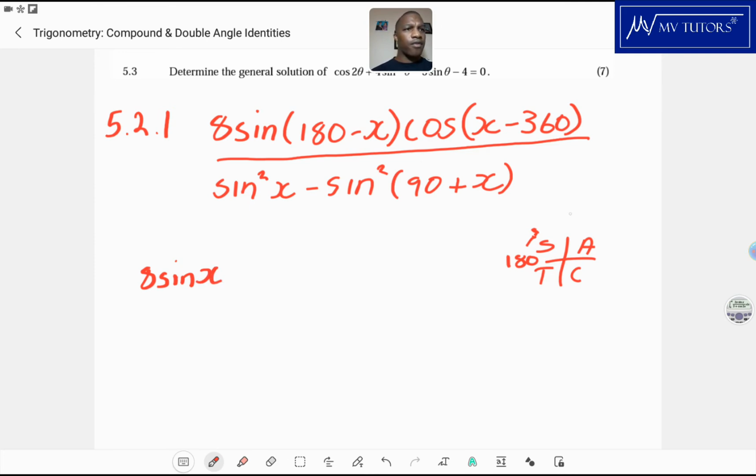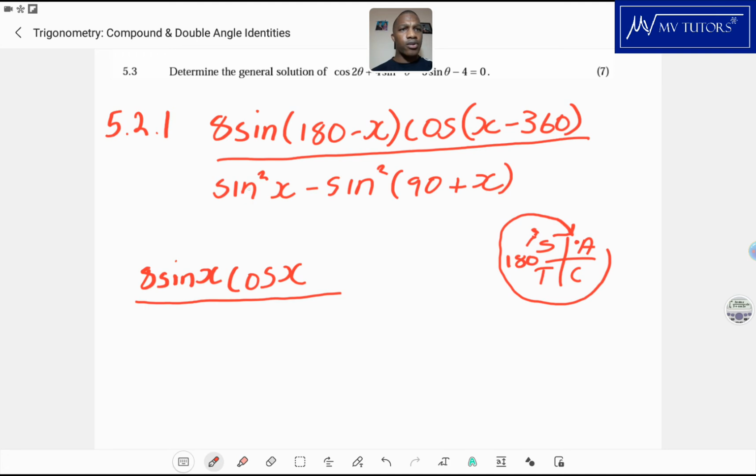And then we have cos of x minus 360. So x is in this quadrant, and then minus 360, well, that's a revolution, so that's like going like this. Minus 360 gets you back there. So cos is actually positive as well, so it becomes cos x.